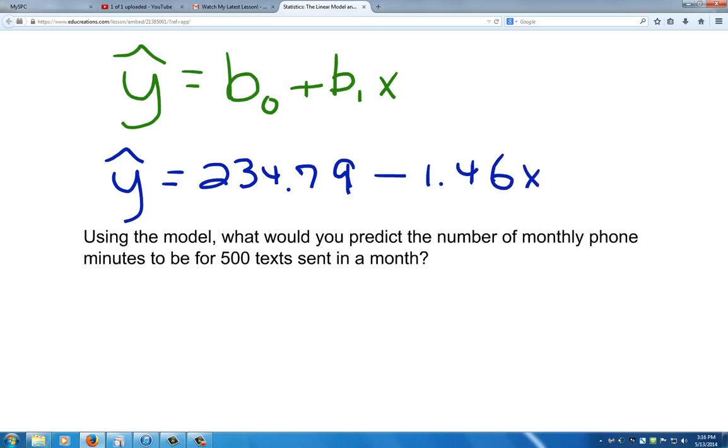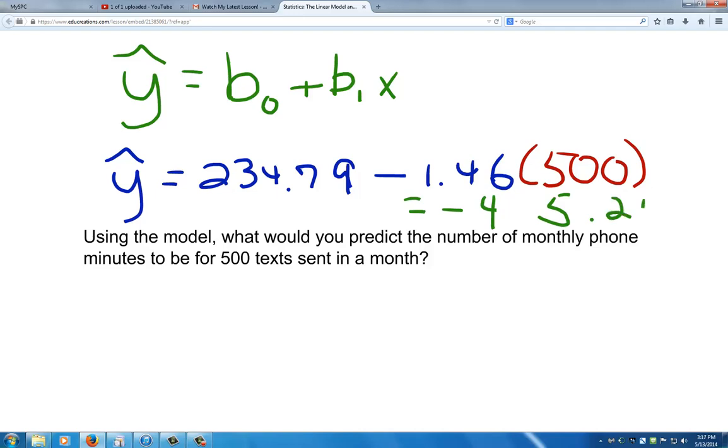Using the model, what would you predict the number of monthly phone minutes to be for 500 texts sent in a month? To calculate this, we'll replace x with the number 500. Our result turns out to be negative 495.21.